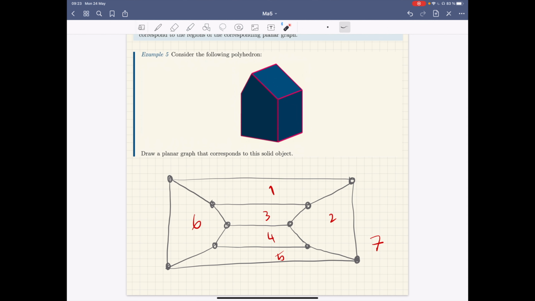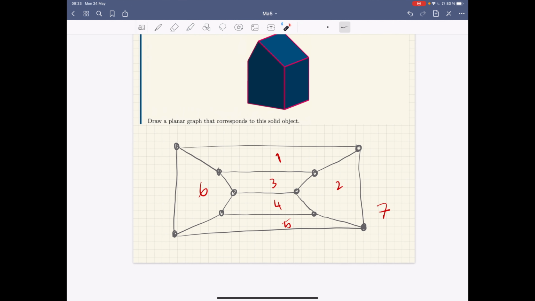Is that understandable? So if you have a polyhedron, by smashing it onto the ground or stretching it around as you like, you get a planar graph. You need to understand that the number of regions for this planar graph is exactly equal to the number of faces in the original solid object that you have. Is that understandable?